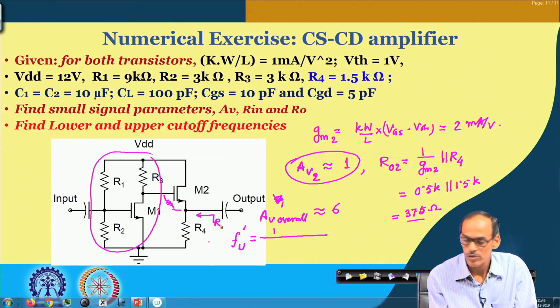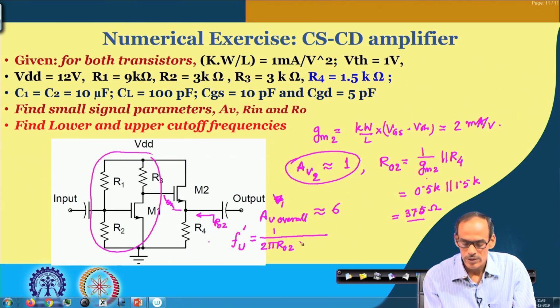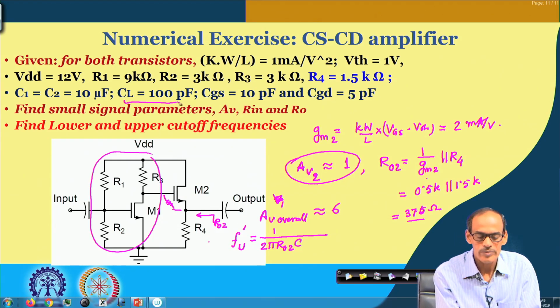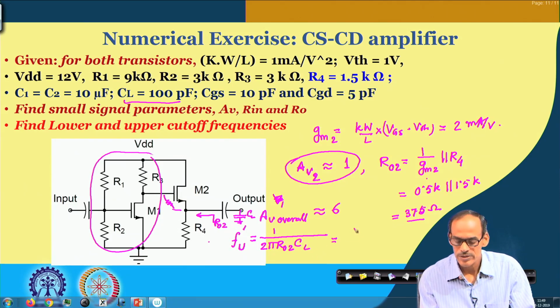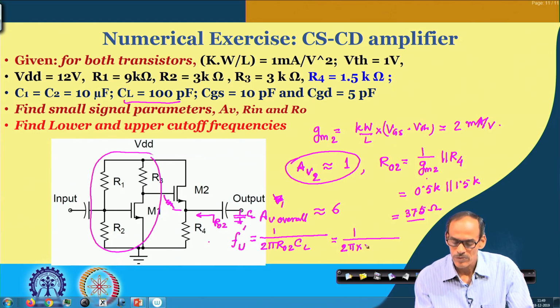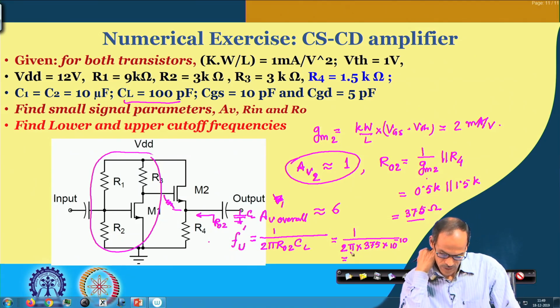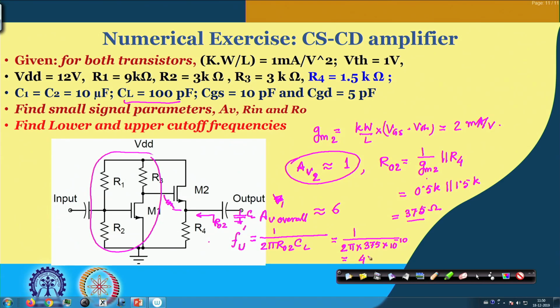One is 1 by 2 pi R O 2 and the corresponding load capacitance C L. So, if we connect the C L here, then the upper cutoff frequency is 1 by 2 pi into 375 into 10 to the power minus 10, and that is 4.24 megahertz.